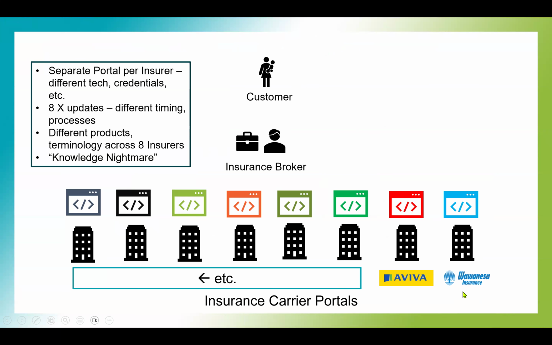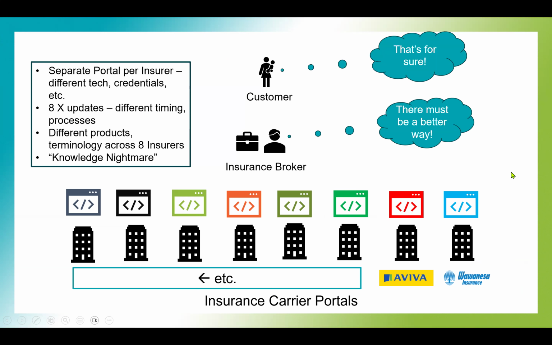And each of the insurance companies loads up their information onto each of these portals separately, 8 times. These are 8 updates, with different timing and processes, different products and terminology across 8 insurers. The brokers called it a knowledge nightmare. Also, separate portals for each insurer have different technology, credentials, etc. So it was really hard for brokers to do the job they're supposed to do.